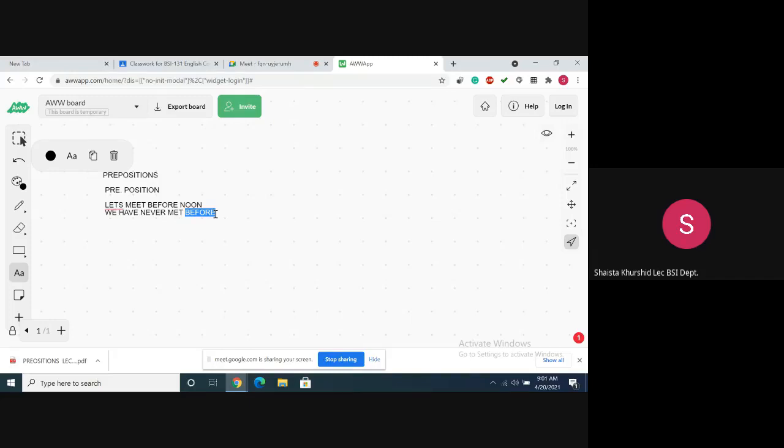So we can actually say that prepositions are the words governing and usually preceding a noun or a pronoun, and expressing a relation to another word.